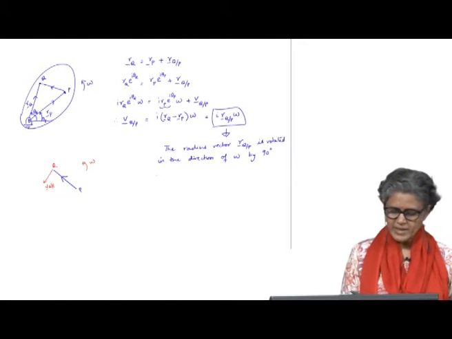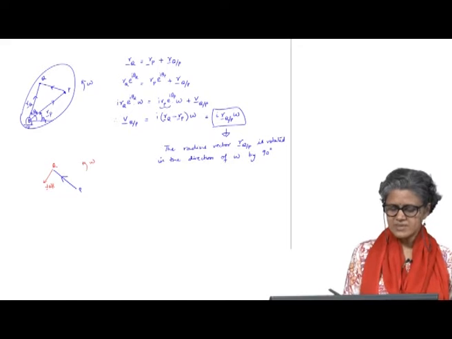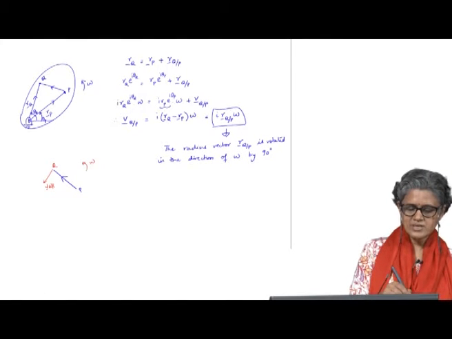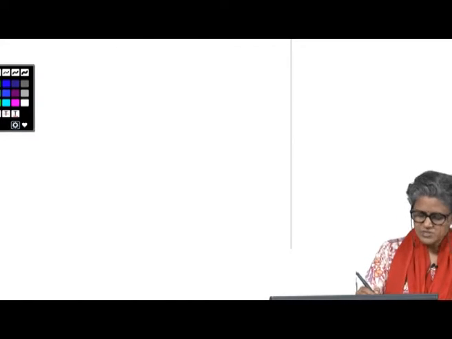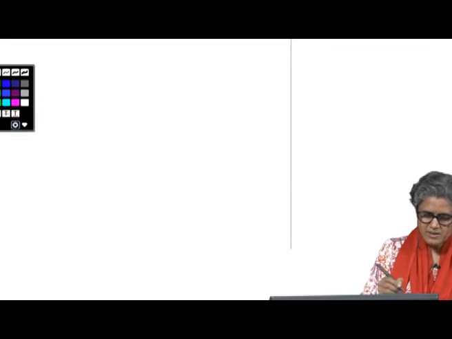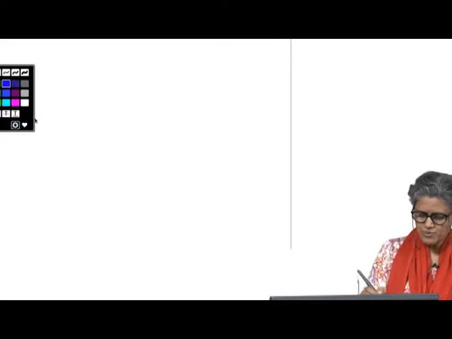So, now we will look at using this relative velocity concept to analyze a 4 bar mechanism. Let us do the graphical method; we will do a few different methods.